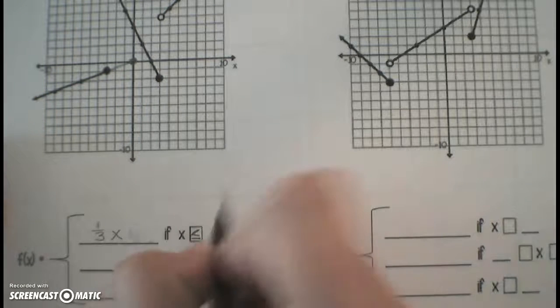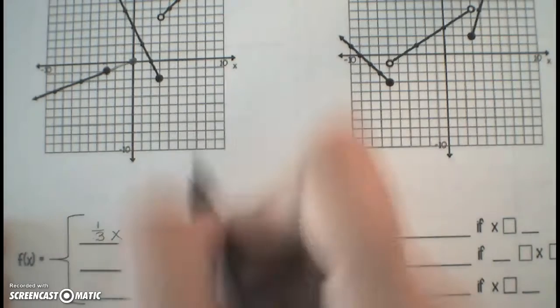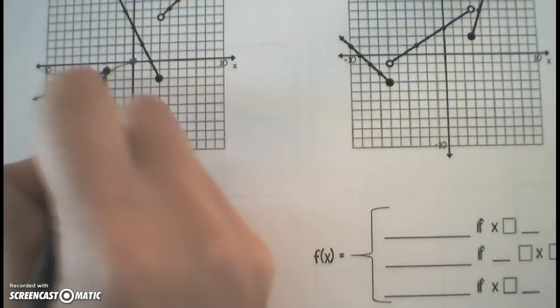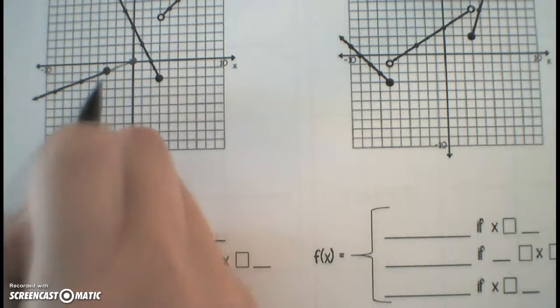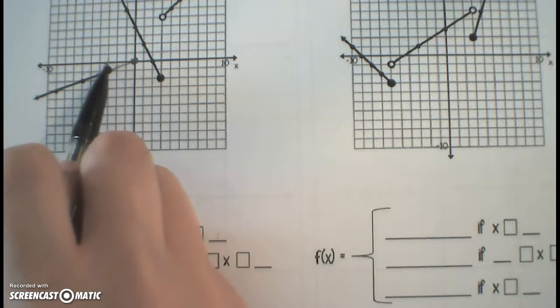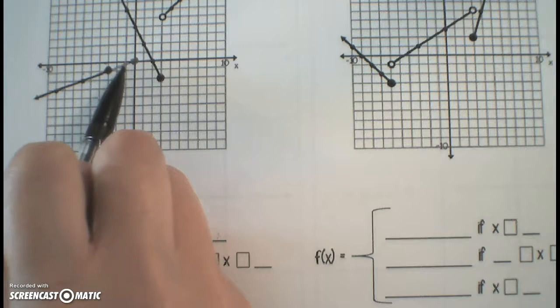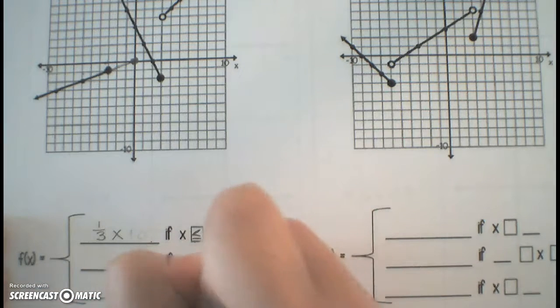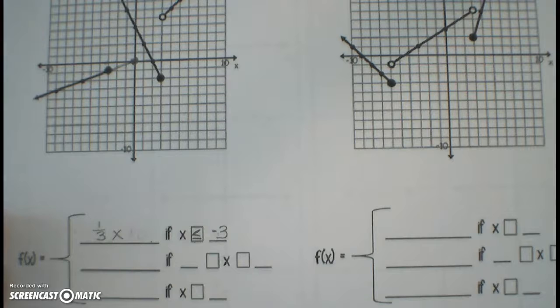All right, sorry about that. So we have now, what number is our x value at? So we're going to go to our dot, and then we want to figure out what is this x value. So we are right here at -3, -1, -2, -3 for the x value. So we're going to put a -3 right here. And now that line is done.